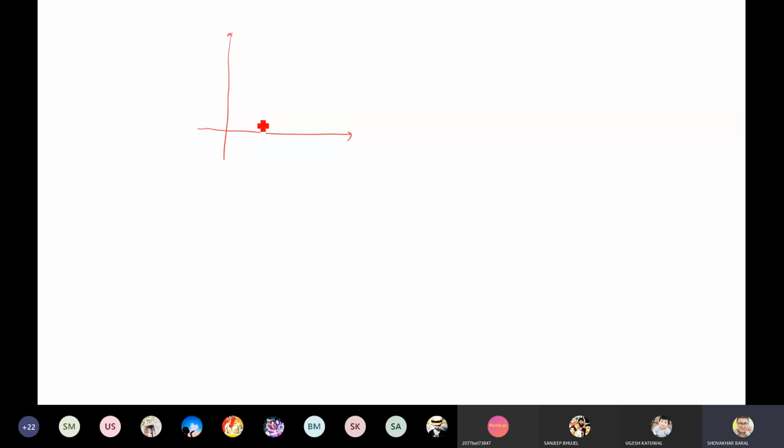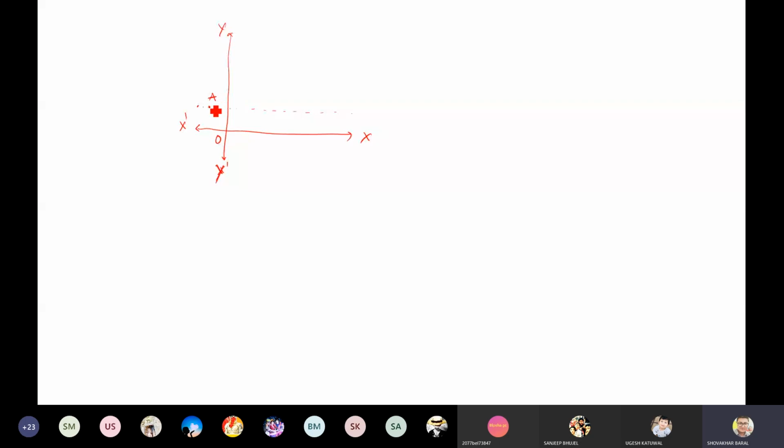Let me explain different examples of locus here. Suppose this is the y-axis, y prime, x prime, and this is the origin. Suppose you move in such a way that you maintain a fixed distance from the x-axis.